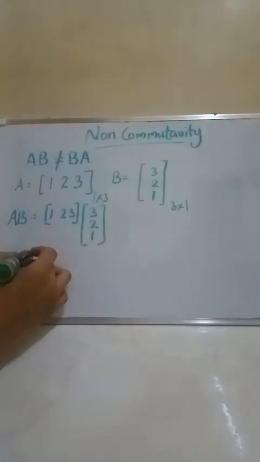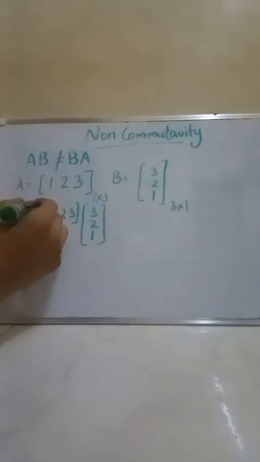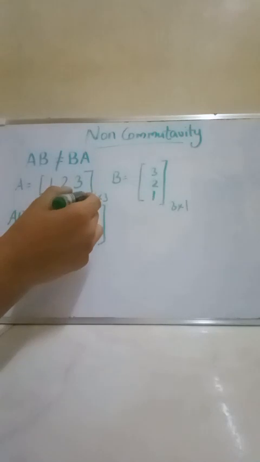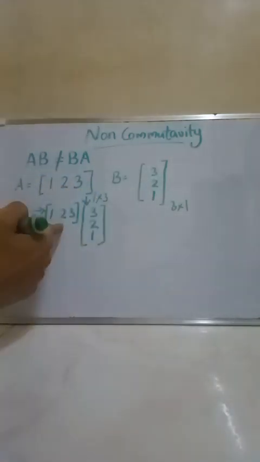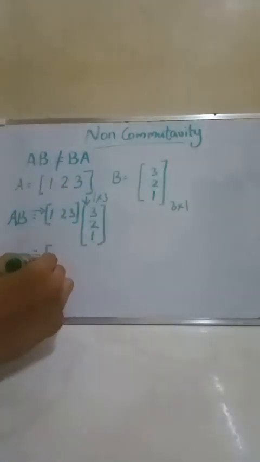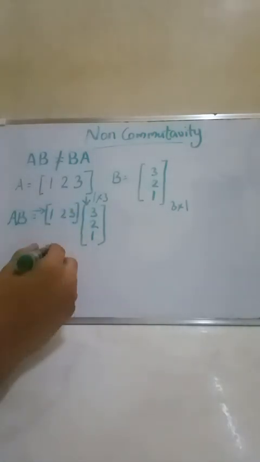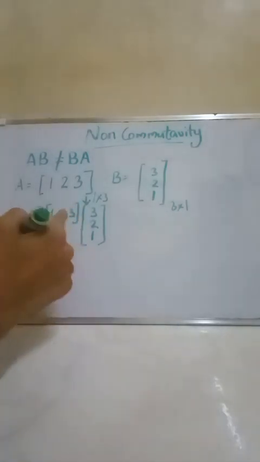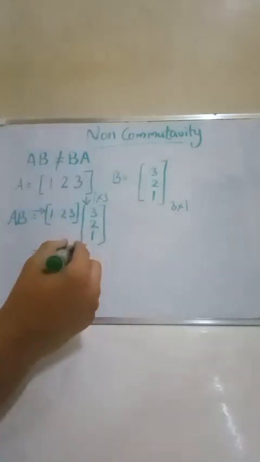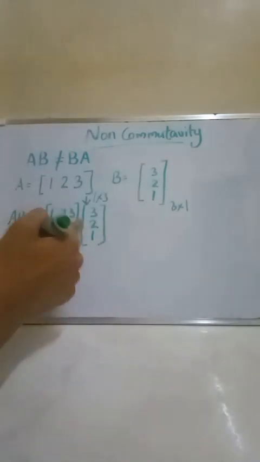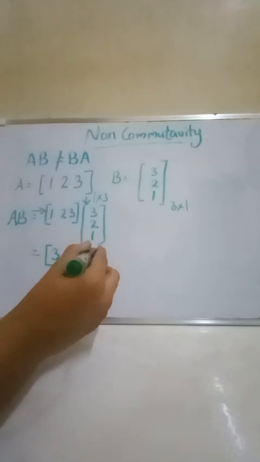Now if you do the multiplication, the first row with the first column, there is only one row and one column, so we'll get only one final answer. So 1 times 3 would be 3, plus 2 times 2 would be 4, plus 3 times 1 would be 3.